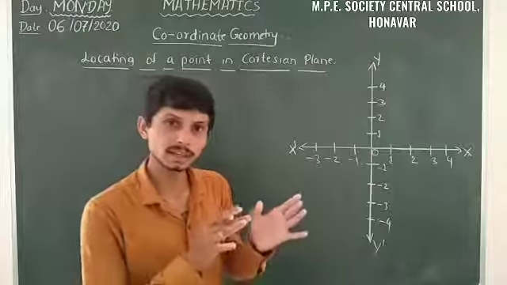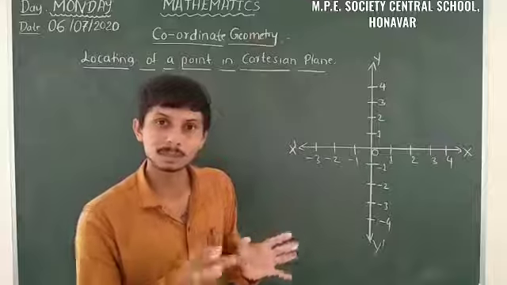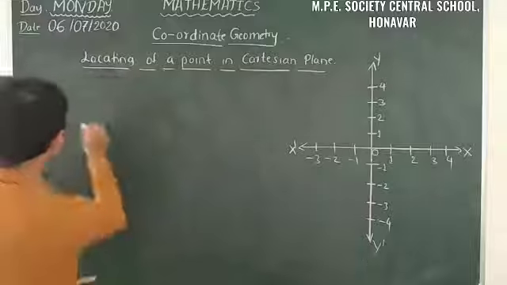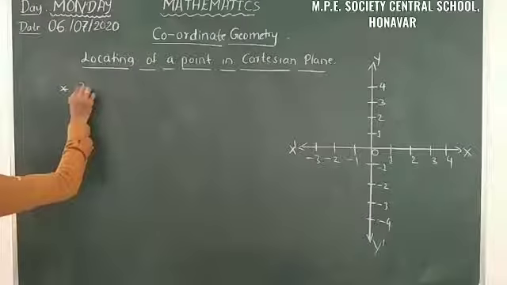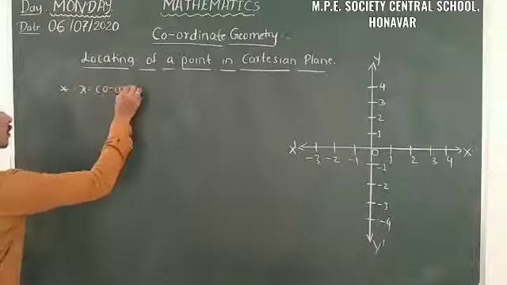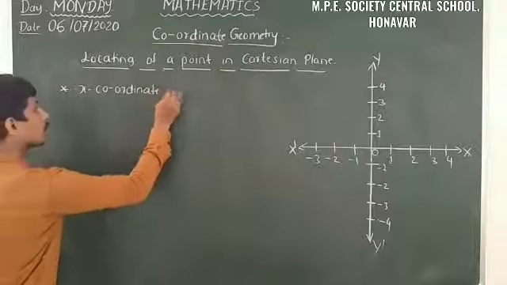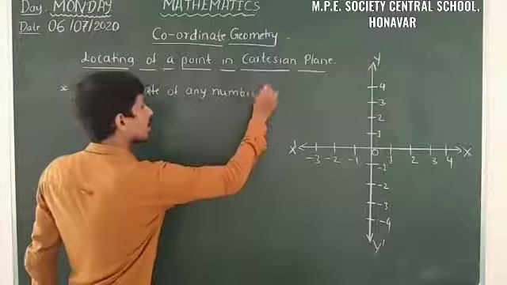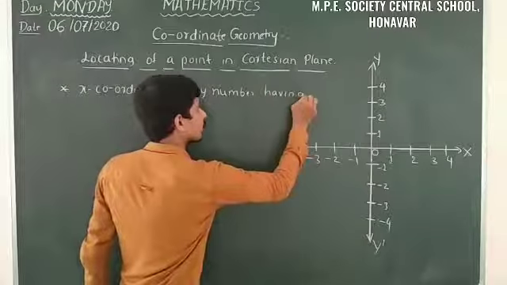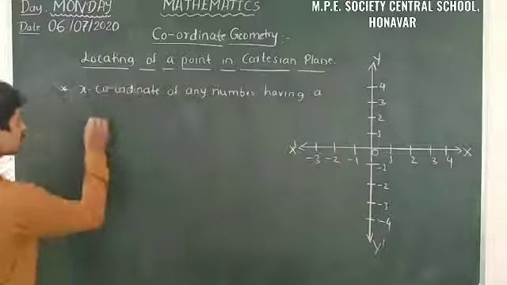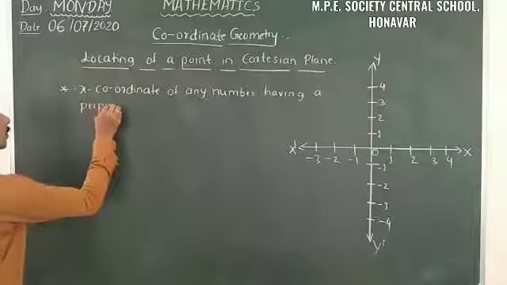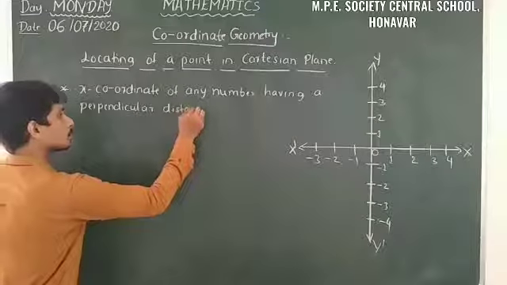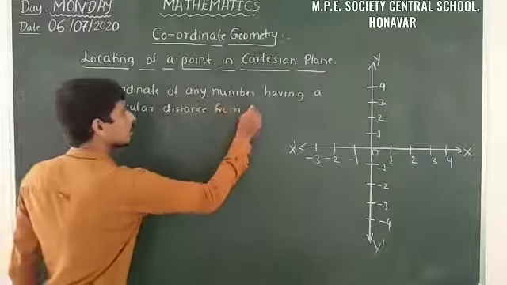The x coordinate of any number means it has a perpendicular distance from the y axis.